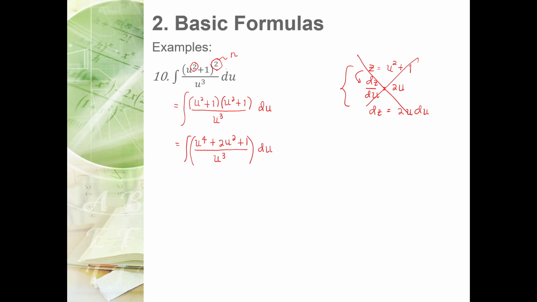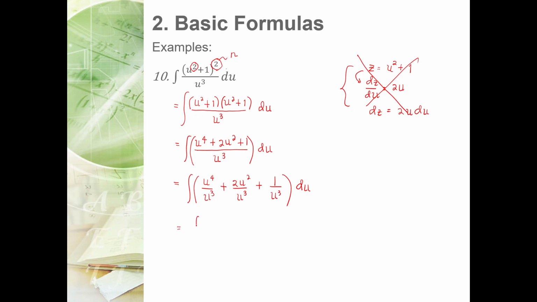Then since the numerator has 3 terms and it's divided by 1 term, you can isolate every term in the equation, or you can break it down even further. So u to the power 4 over u cubed plus 2u squared all over u cubed plus 1 all over u cubed du.